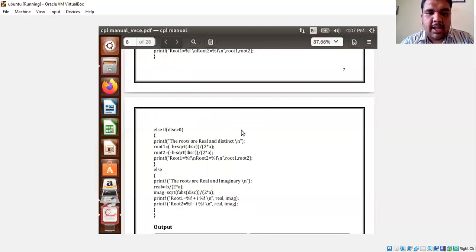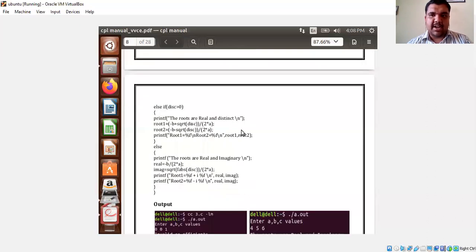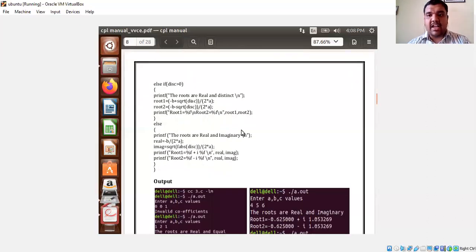That formula is going to be executed, and we are going to print the values of the two roots separately. If all the conditions fail to execute, then the only condition remaining is that the roots are real and imaginary. Thereby we are going to calculate its real part and its imaginary part.